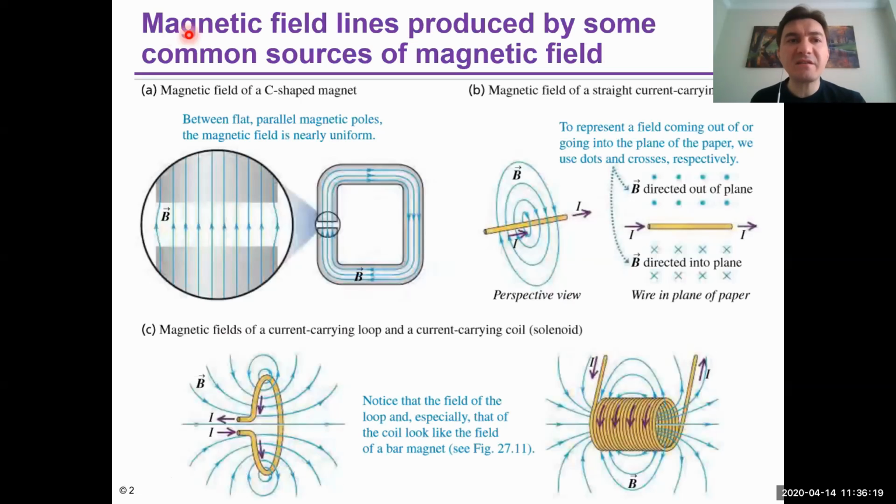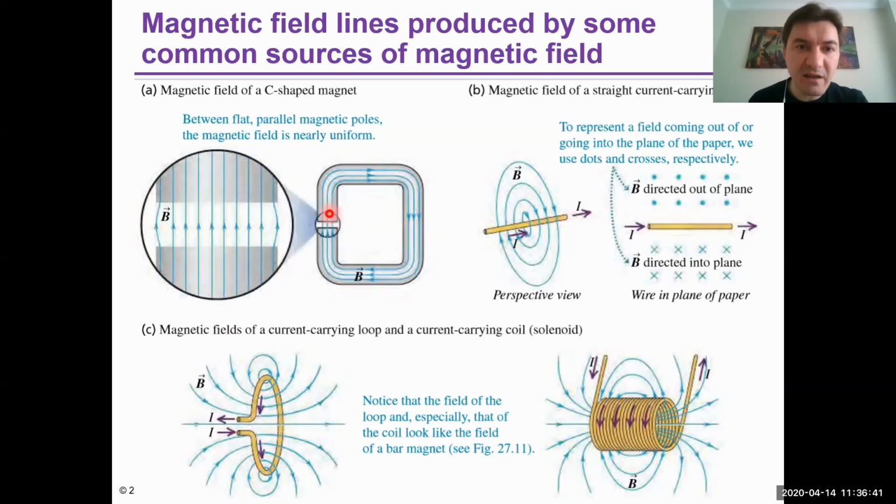So now let's discuss the magnetic field lines produced by some common sources of magnetic field. Here we have the magnetic field of a C-shaped magnet. Like this, you have a magnet, okay, with C shape.